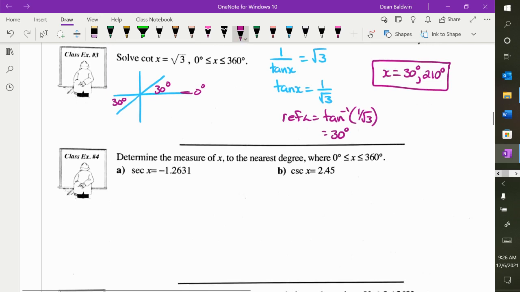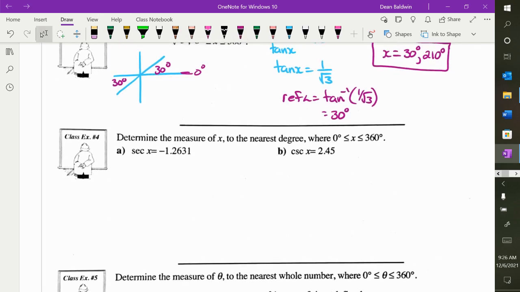Okay, next one. Do you want to do secant or cosecant? I don't care. We're only doing one. Secant. All right, that's what I heard first. What's secant? Secant's 1 over cosine. Yeah, it's stupid like that. Okay, where is cosine negative? 2 and 3.